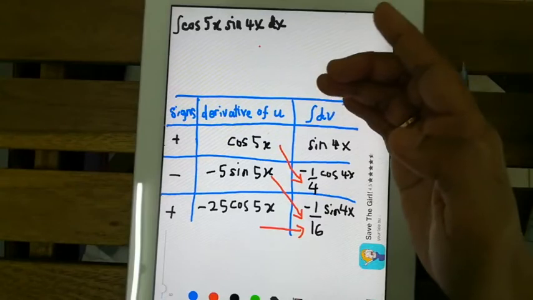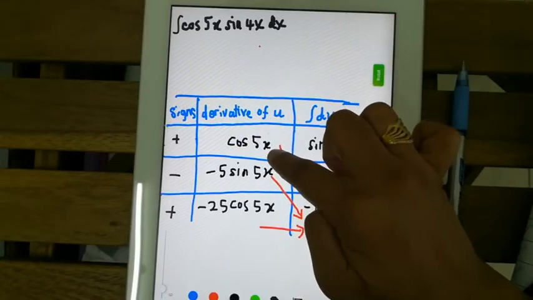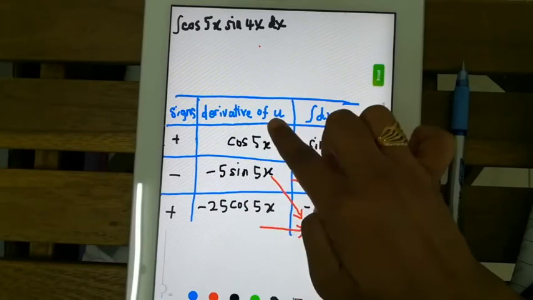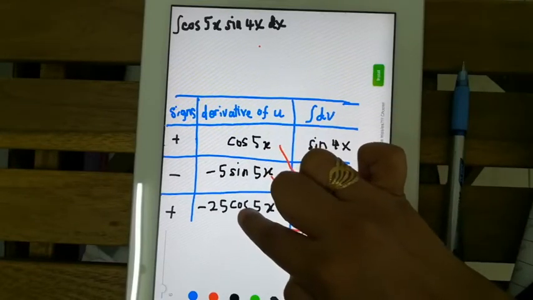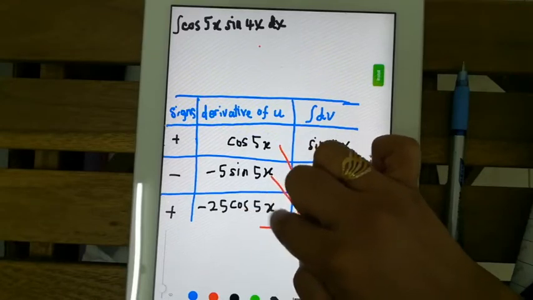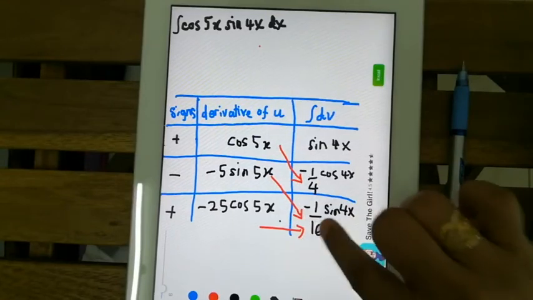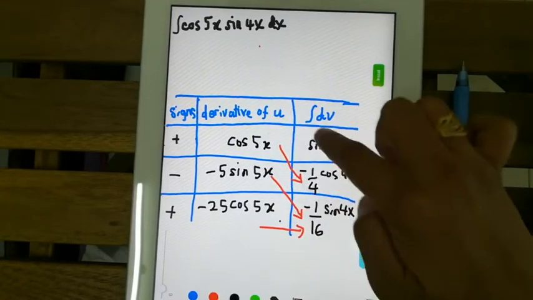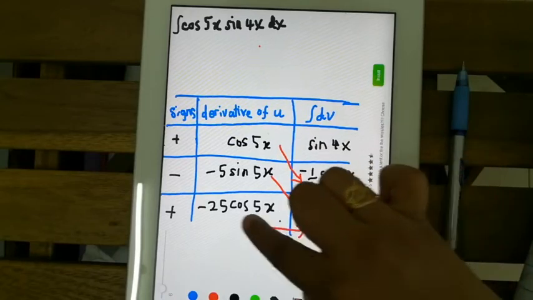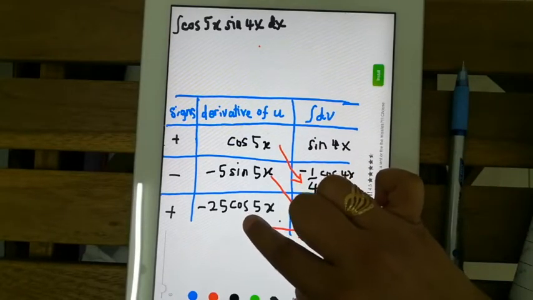Another example, if you start with sine 4x, you need to stop the differentiation process of u when you come across sine 4x.